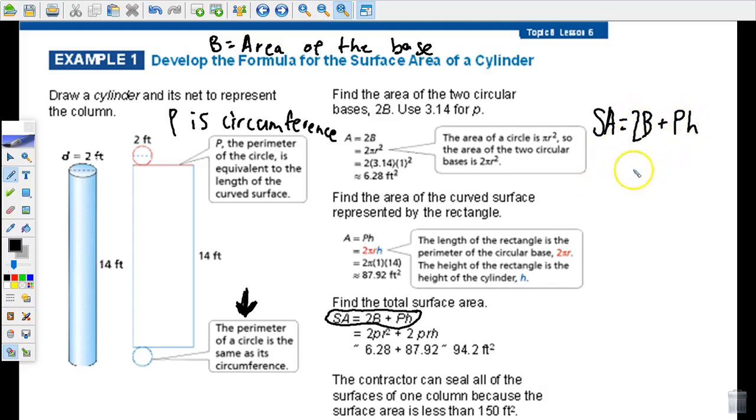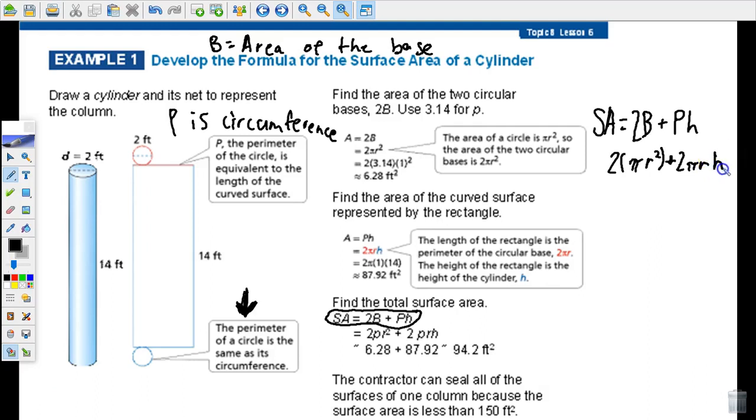To find the area of the base, you do 2 times pi. The area of the base for the circle is pi r squared. That is how you find the area of a circle. And then plus, to find the circumference, we do 2 pi r. That is how you find the circumference of a circle.